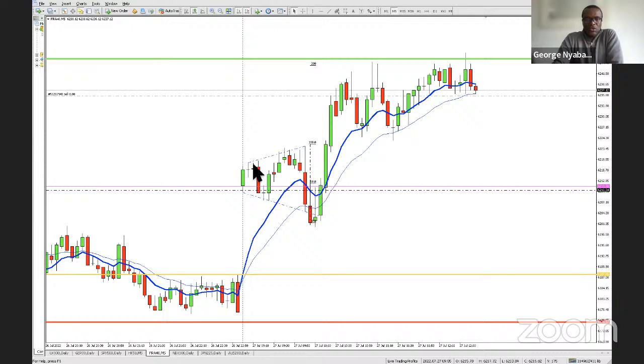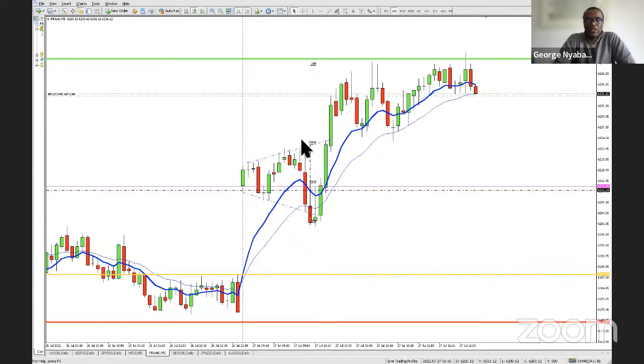So even though they broke above this pattern, and if you really want to see which one is a breakout candle, the breakout candle is this candle. And if you're looking for confirmed breakouts, or a breakout that's successful, you need the candle breaking out, and then you need follow through.